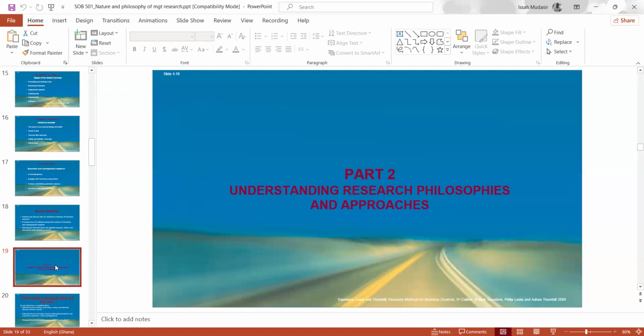So the next discussion, philosophies, talks about the lens that a researcher wears when they come to the research table. When we are talking about research philosophy, there are some key terminologies.